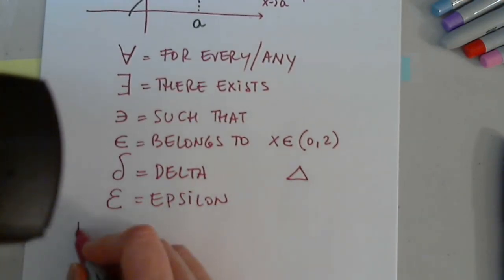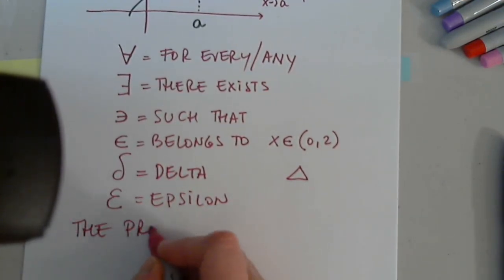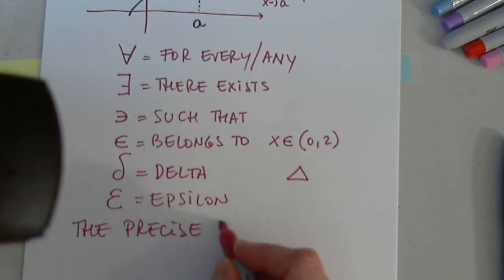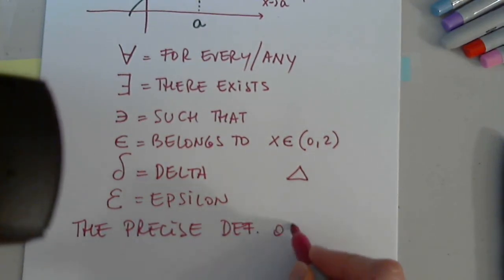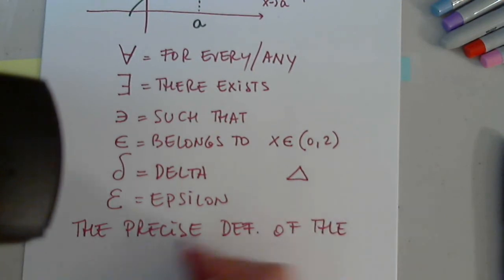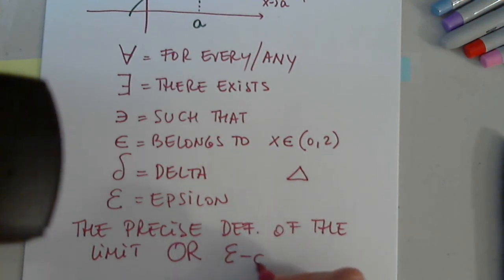So the precise definition of the limit, also known as the epsilon delta definition.